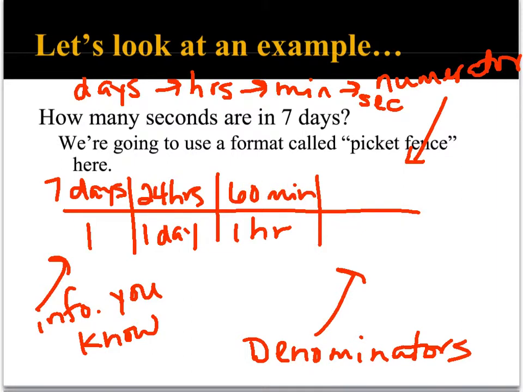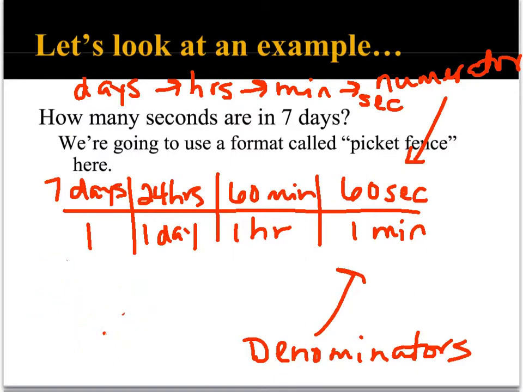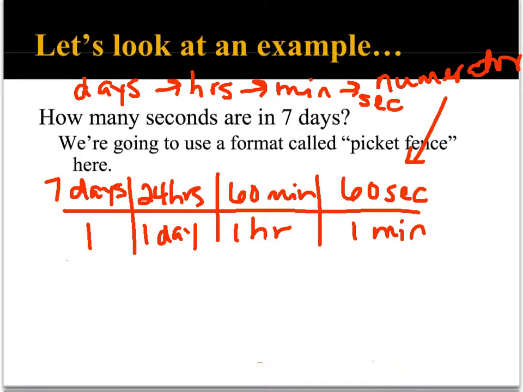What you should be noticing is that I'm setting this up so that these units are canceling with each other, and I'll show you more of what that means in a minute. Our last step is to convert minutes to seconds, and we know that there's 60 seconds in 1 minute.